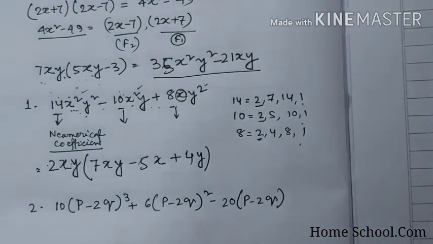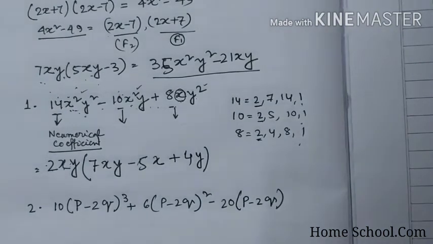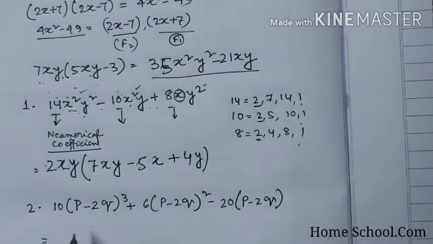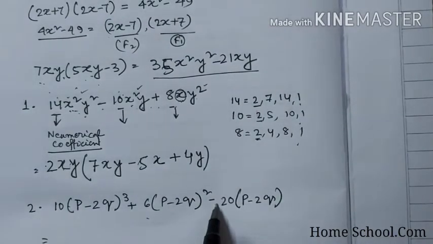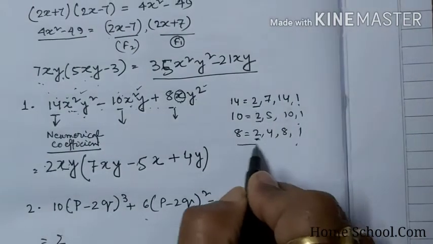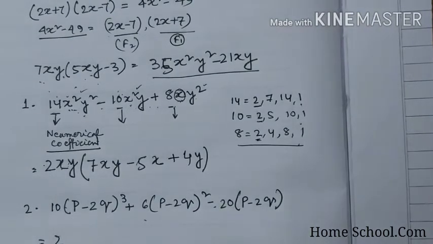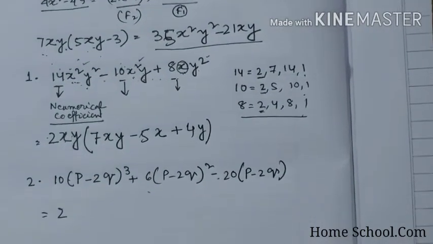How to solve that? So what is the common? You can take 10, 6 and 20. The common factor is here 2. If you do the factorization like this, you will get 2 here.